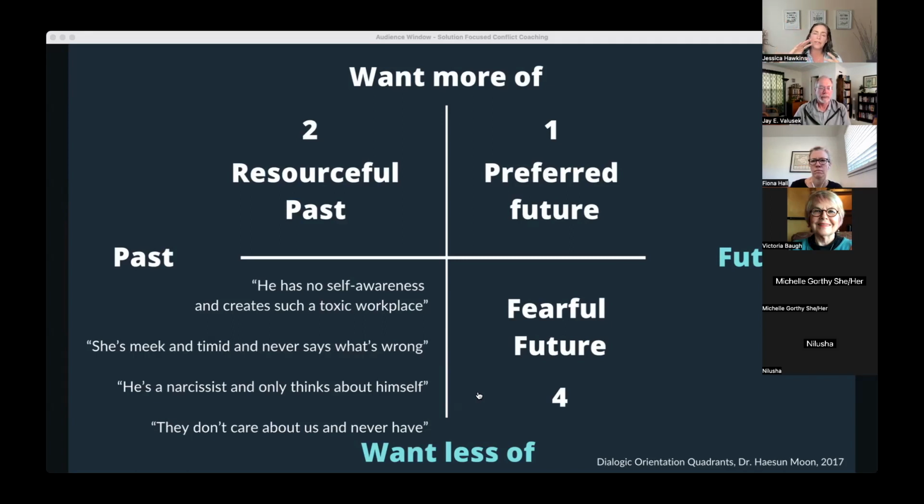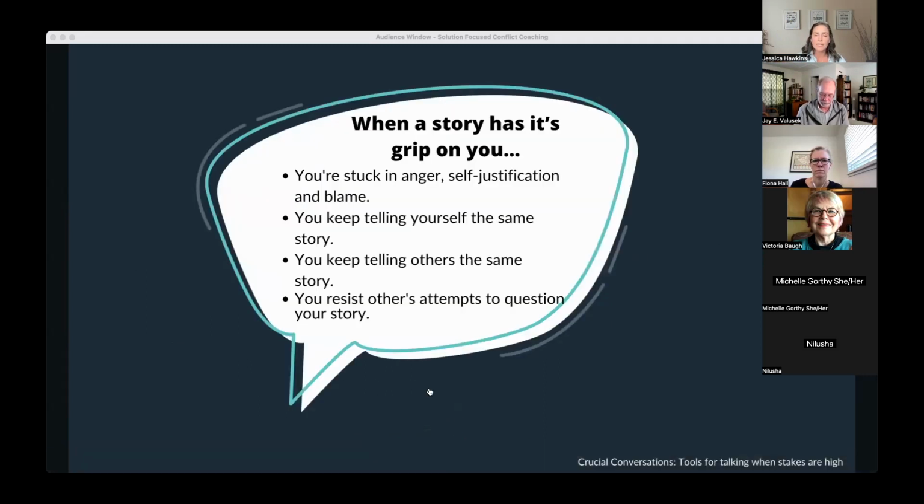There's something they want better. When it comes to conflict coaching, people often show up very much entrenched in quadrant 3. They've been talking about this for a long time. They've been thinking about it for a long time. They've been talking to everybody else about it. Usually they're really embedded down in that troubled past and that problematic past story. And I find this really interesting.